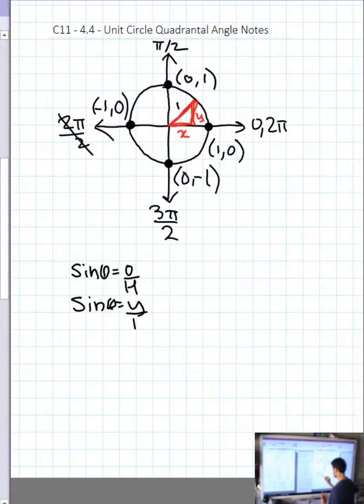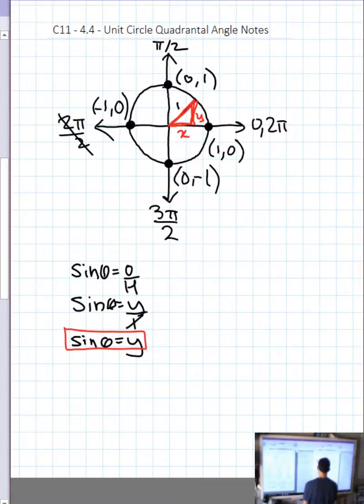And sine theta equals y divided by 1. Y divided by 1 is just simply y. And we have our definition of sine theta. And we want to memorize that definition. And we want to not forget SOHCAHTOA. So, seen down below, what would sine of 0 be, for example? Well, sine of 0.